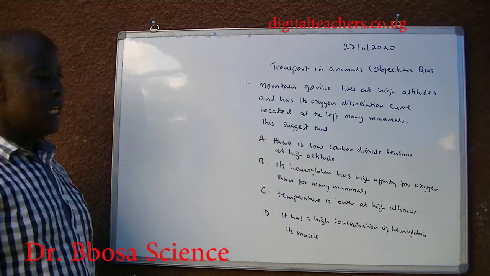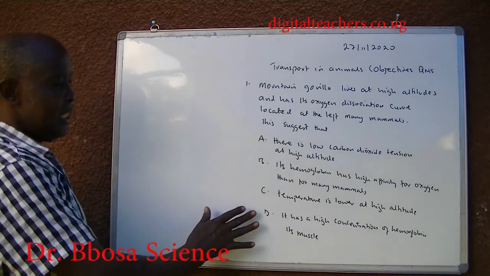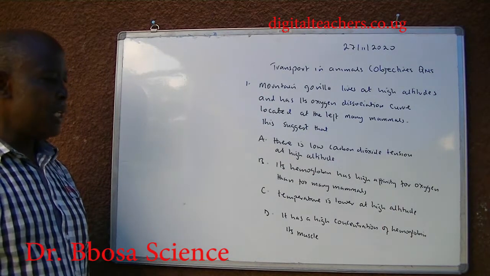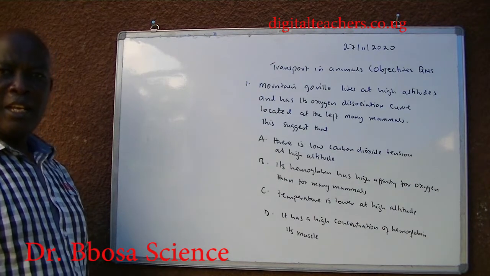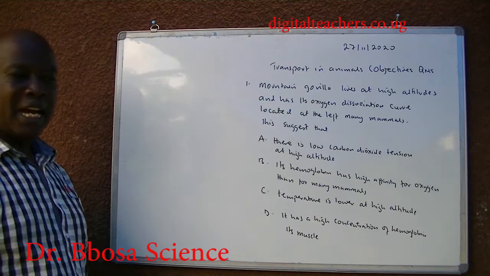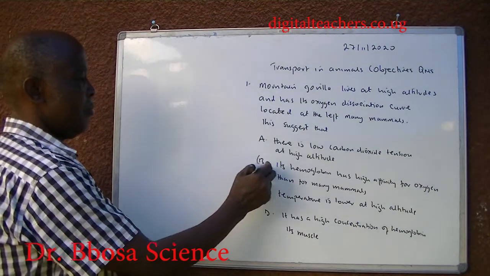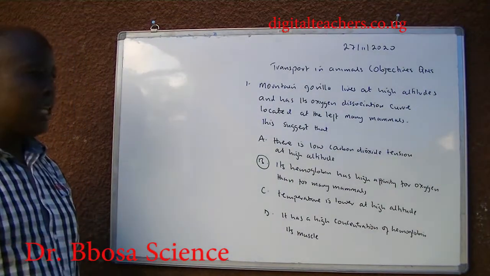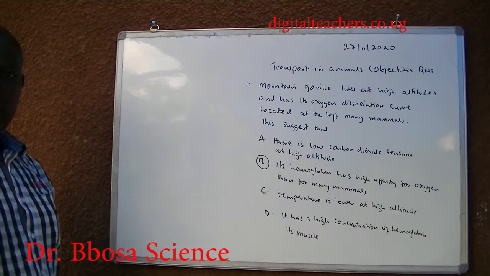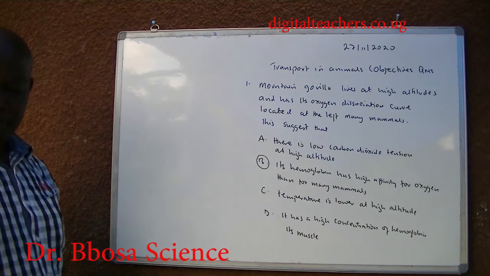C. The temperature is lower at high altitude. D. It has high concentration of hemoglobin in its muscle. You can pause and answer. The answer is B. Its hemoglobin has high affinity for oxygen than for many mammals.